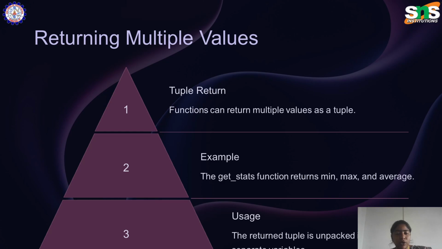Stats is equal to get stats within a bracket, we give a list of numbers from 1 to 5. What will it print? Basically, it will print the minimum value, which is 0, the maximum value, which is 5, and the average value, which is 2.5. Okay, in this example, the getStats function returns the tuple containing the minimum, maximum, and average of the input list. The returned tuple is unpacked into separate variables and printed.